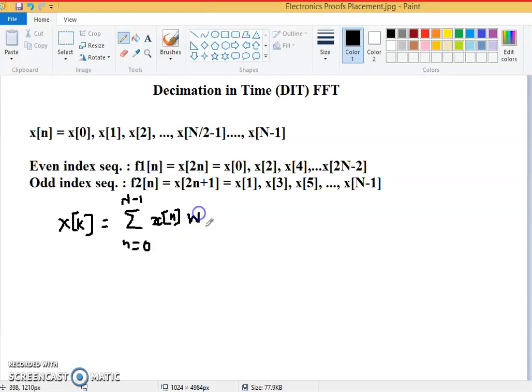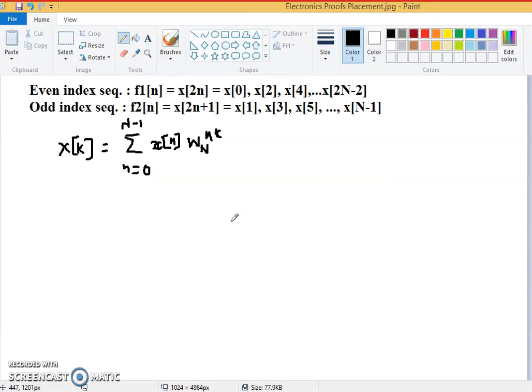W_N^{nk}. Okay, this is the DFT, and we can divide it into two parts.